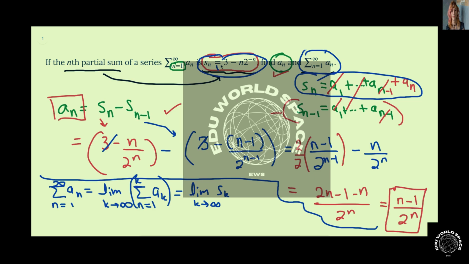So now we need to evaluate the limit of 3 minus n over 2 to the n. Let's go to the next page for this one. For something like this, we technically do have an indeterminate form here: infinity over infinity.